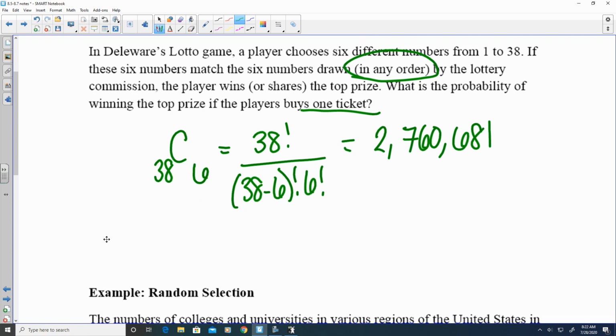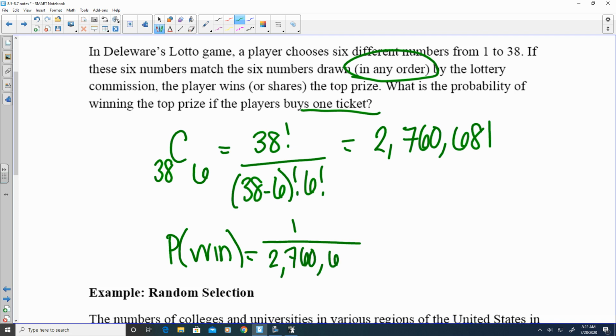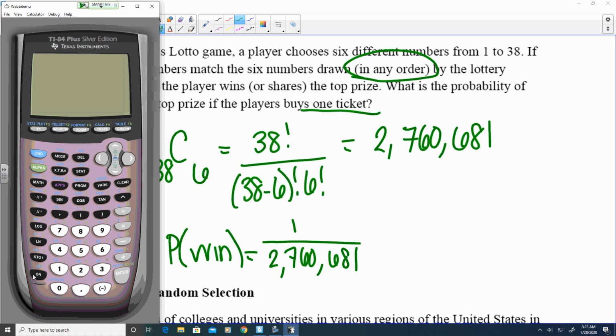And if this person only buys one ticket, the probability of winning, there's only one event in which this person wins because he only buys one ticket, divided by that huge number. If we want to know it as a decimal, that's the exact value, right? But let's see what the decimal equivalent to that is.